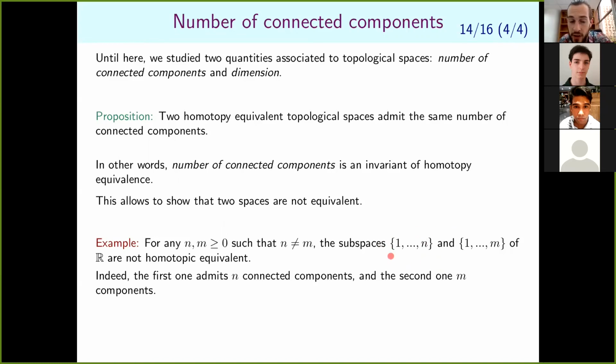This one has n connected components because you have n isolated points, and this other one has m connected components. They do not have the same number of connected components, hence they are not homotopy equivalent.